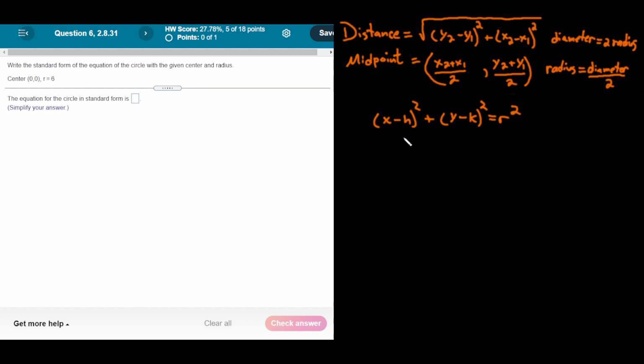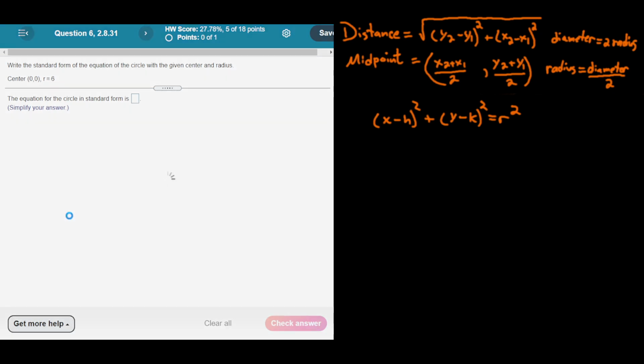And this right here is what they call center radius form. Now, there is also the standard form, which, believe it or not, we don't really use too often, but it looks like this. It's ax squared plus bx plus c. But you know what? Let me see the way that they give it to you.